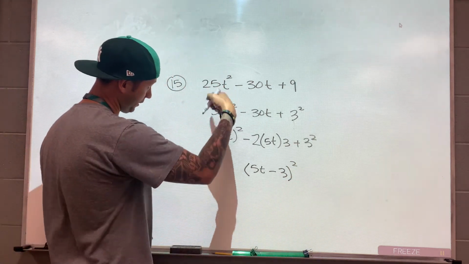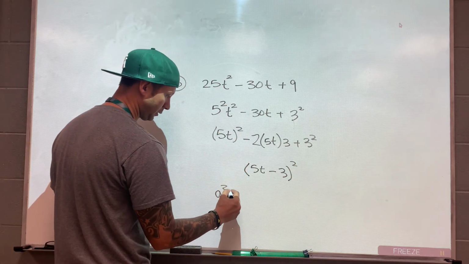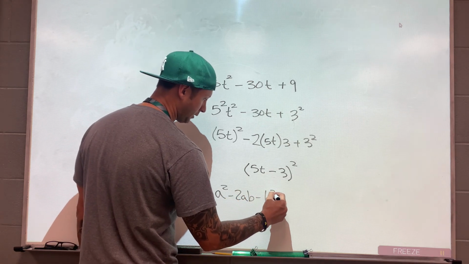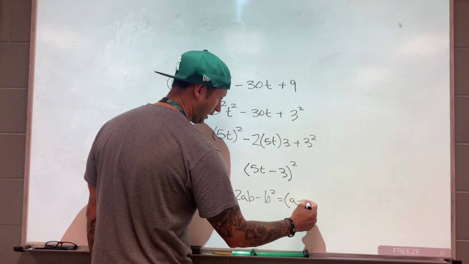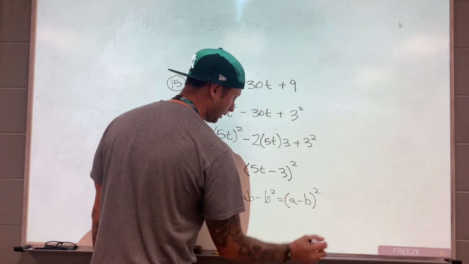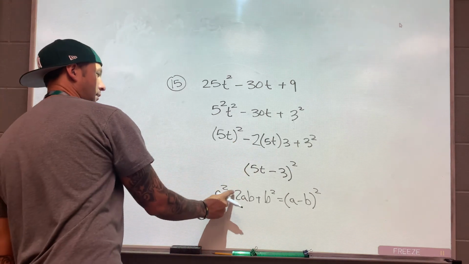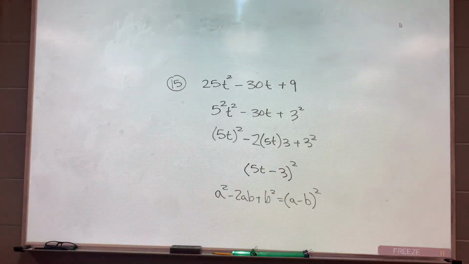Again, the property for this one is a squared minus 2ab plus b squared equals a minus b squared. So this is the property that we're applying. So minus, plus, everything fits, it all lines up. All right.